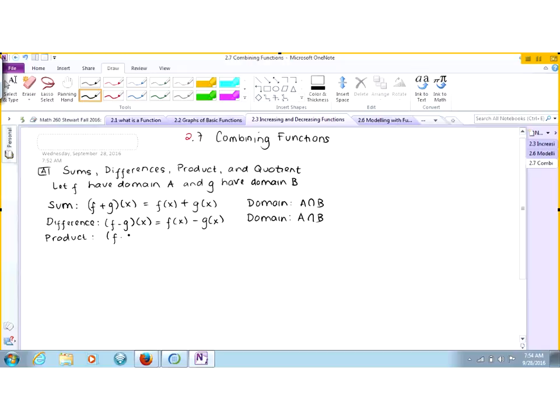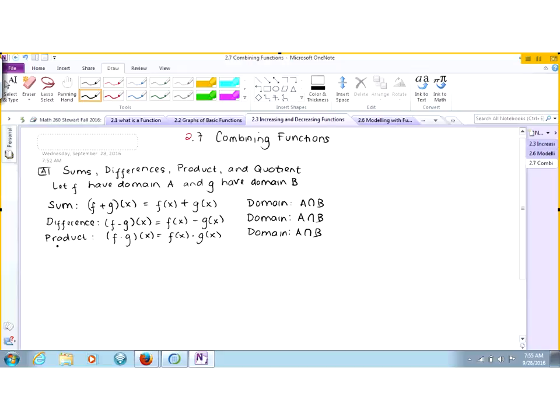Product is F times G of X, which is F of X times G of X, and same thing. The domain is A intersection B.